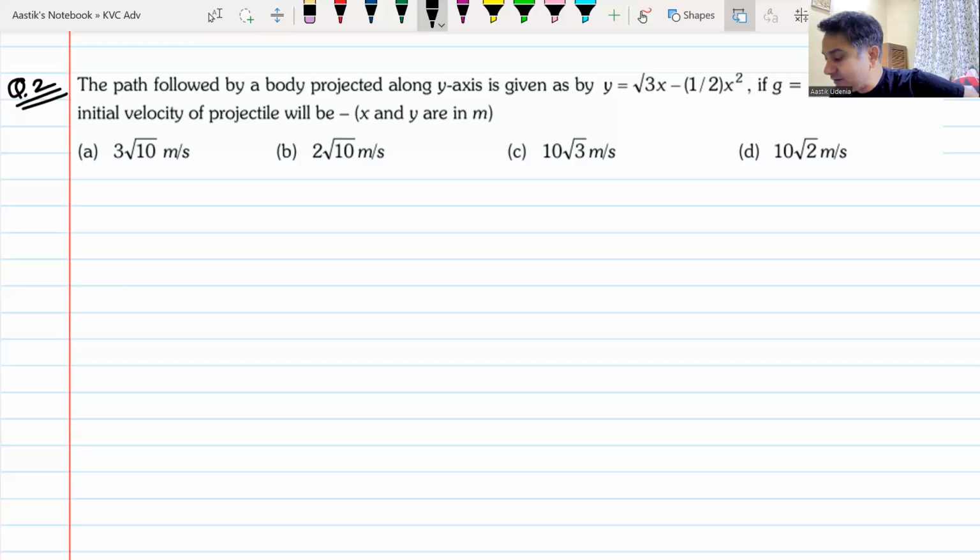Yes, my dear friends, do you have an answer? 2 root 10, sir. 2 root 10. Everyone got the same answer? Yes or no?